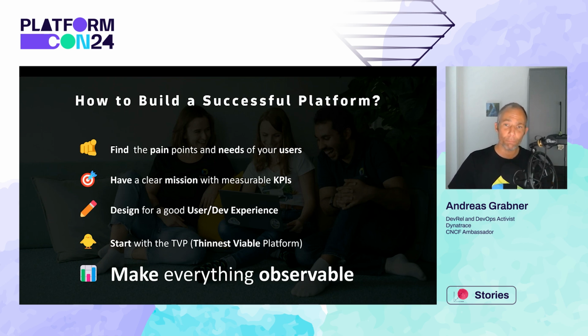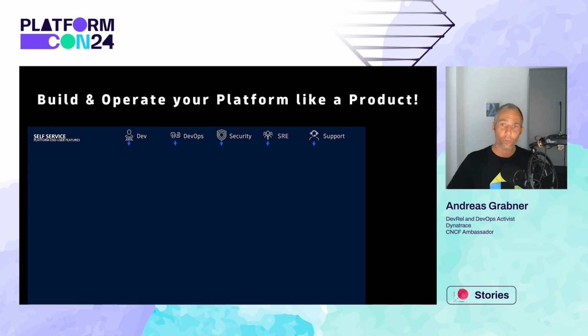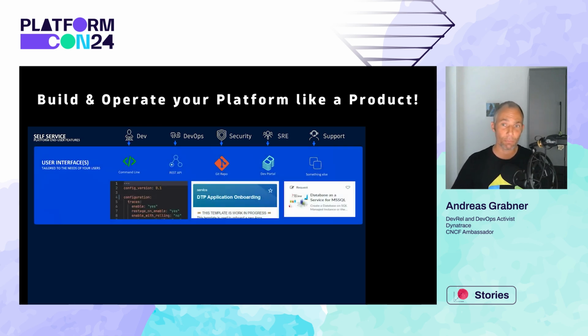Because whatever you build, you're building a product for your end users, and you want to make sure this gets observed and you get alerted in case things are not going well. So to show you this from a different perspective, if you have your end users on the top, you provide them self-service for the different features that they expect. As I said, your users will want to have different user interfaces on how they interact with your platform and how they consume self-services.